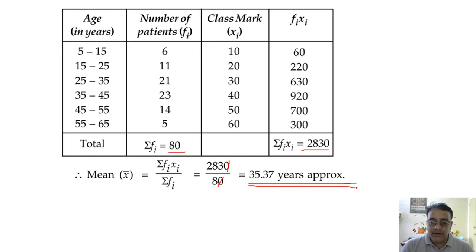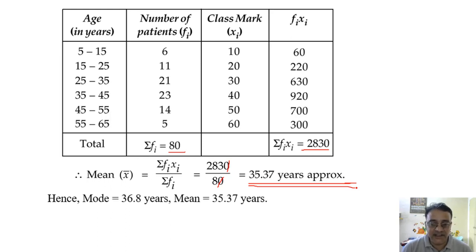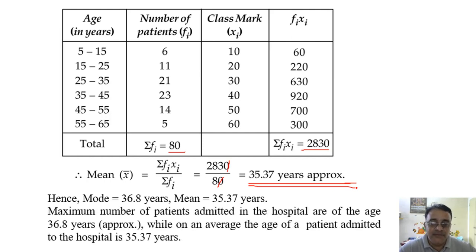So we got the mode and we got the median also, and our interpretation is that the mode is equal to 36.8 years, and the mean is equal to 35.37. What is the mean? Average. So the average age of all the patients is 35.37, and the maximum number of patients admitted in the hospital are of the age 36.8 years.